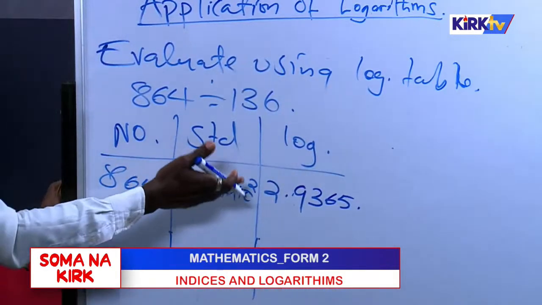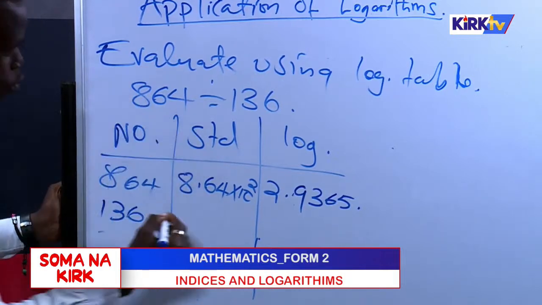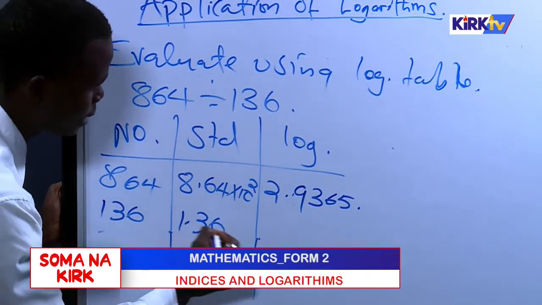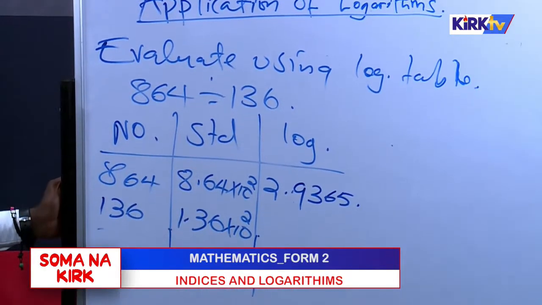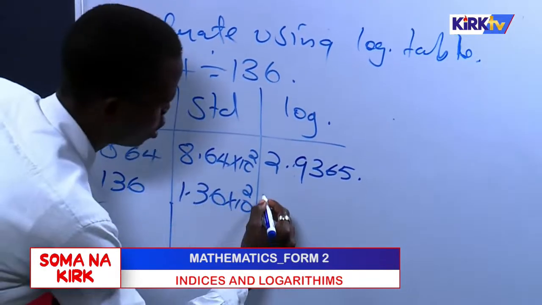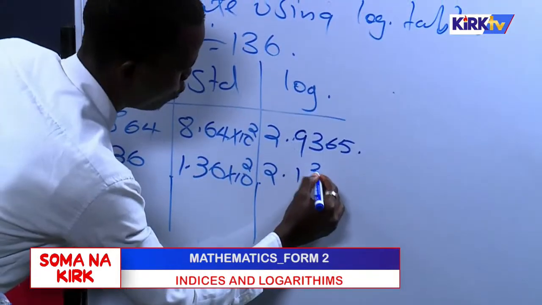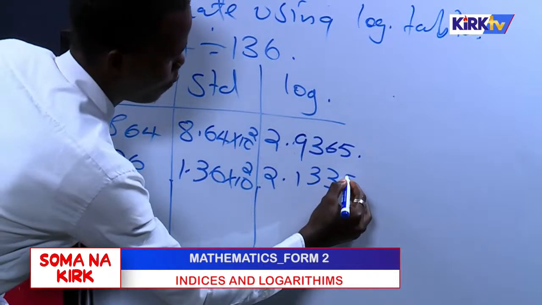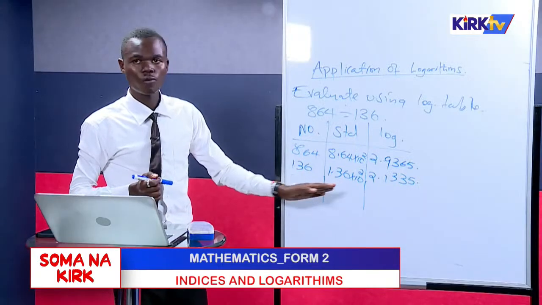That is the value of that. We move to the next one, 136, which will be 1.36 times 10 raised to power 2. Our answer will be 2.1335.